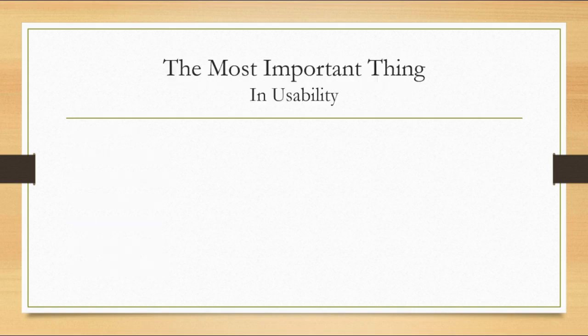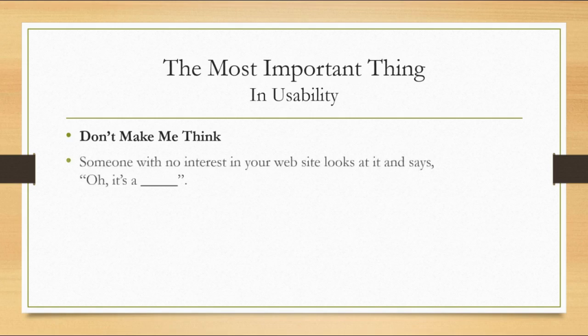Okay, so the most important thing in usability is, as the author of the book says, don't make me think. In other words, people go to your website, they're not going there for the intellectual challenge of it. They're going there because they want to get something done. So they should be able to go to your website, look at it, and say, oh, this website is for something or something else.